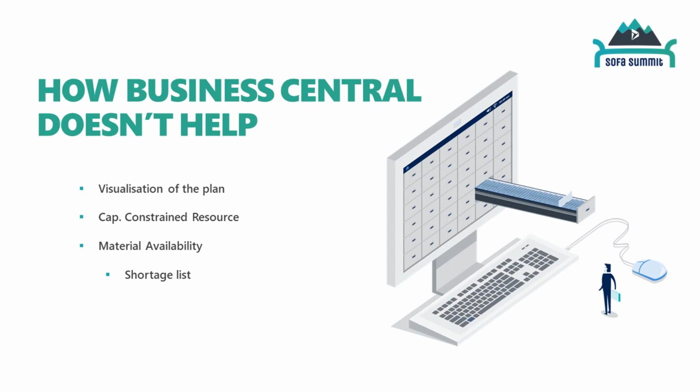The other thing that Business Central has but doesn't work particularly well is a thing called capacity constrained resources. So this is whereby you may pick your one machine that's a bottleneck, let's say, and say, okay, I'm only going to plan 90% of that, and the system will not plan anything over that. So in effect, what you'll see is a straight line over time of the production orders.